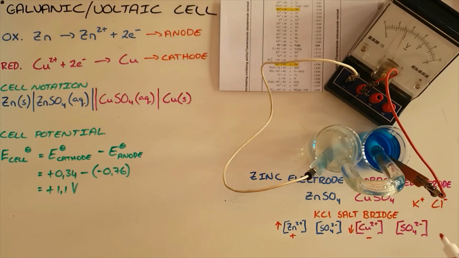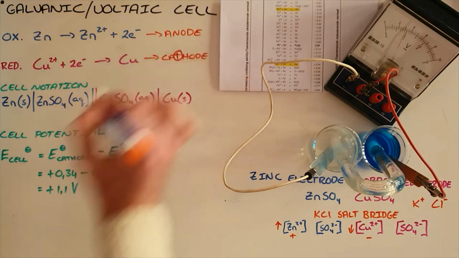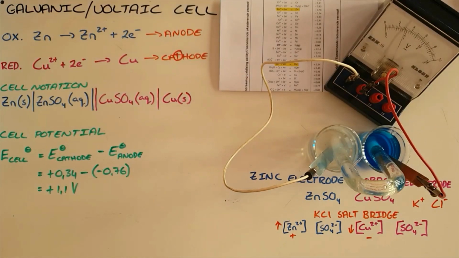And what that allows is for the ions to flow in the direction that maintains electrical neutrality, which is why we say that the salt bridge has two purposes, the first being to maintain electrical neutrality, the second to complete the circuit. We know that the cathode is always the positively charged electrode in a galvanic or voltaic cell, and therefore the anode is negatively charged.